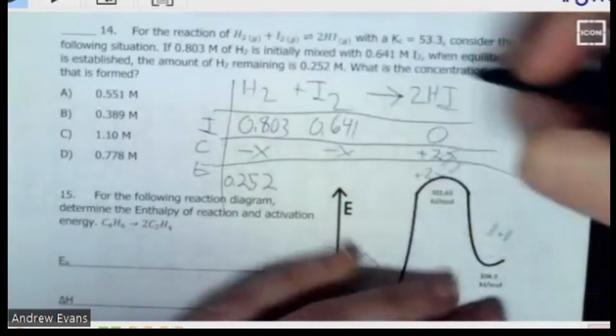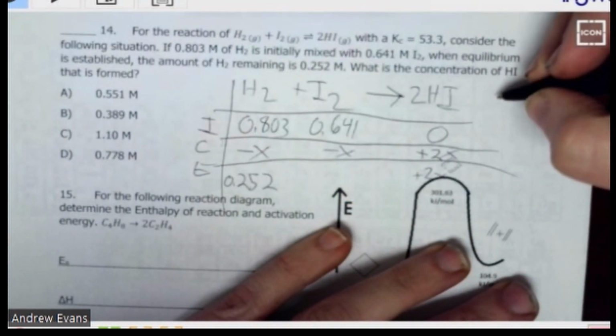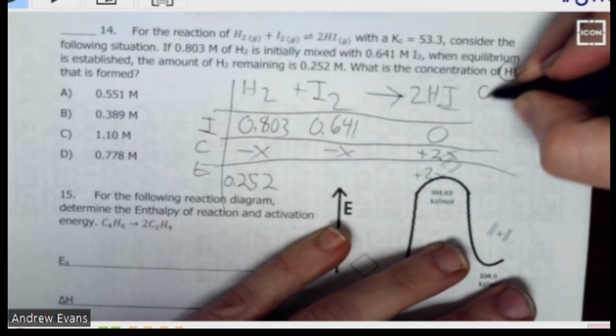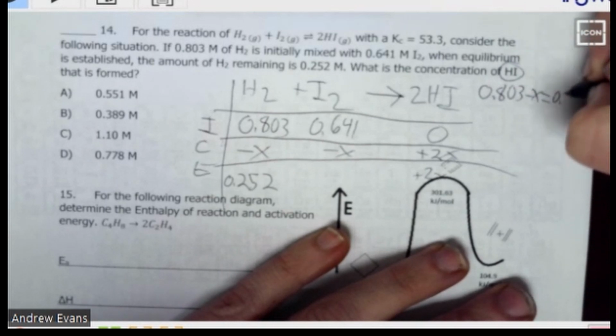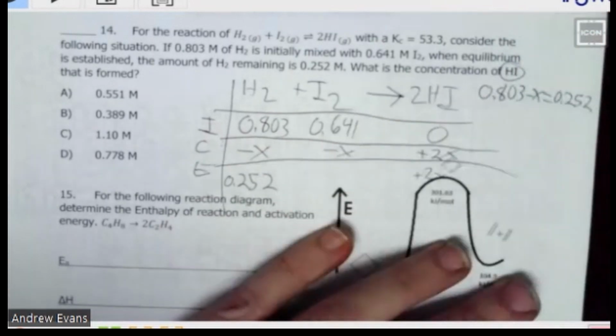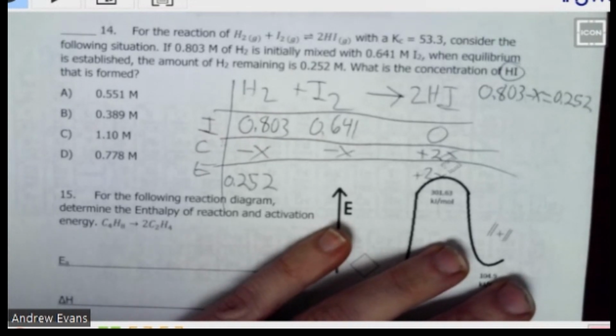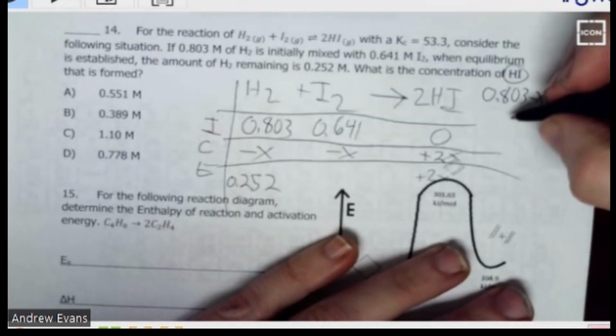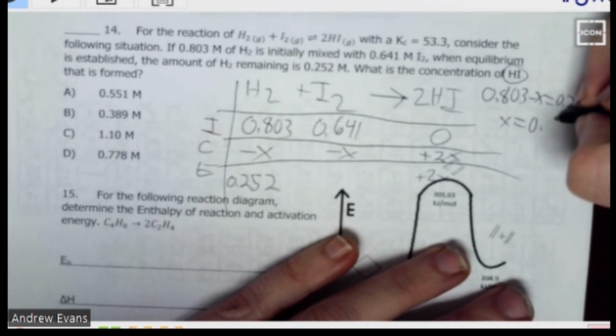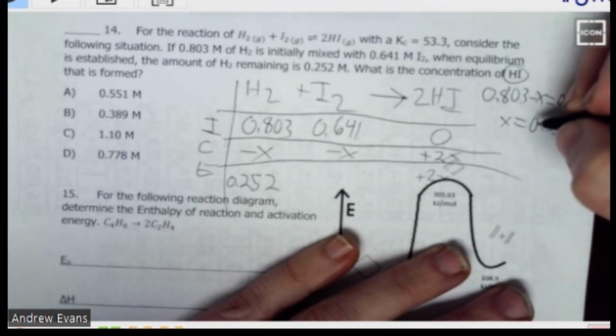So what's the concentration of HI that is formed? Well, 0.803 minus x is equal to 0.252, meaning x is 0.803 minus 0.252, which is equal to 0.551.